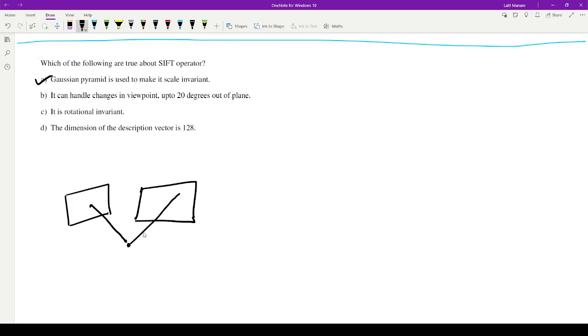Sorry, if you rotate the camera like this, it's not an object. Where O is the camera center. Do you think it's an in-plane rotation or out-of-plane rotation? It is out-of-plane, by the way.